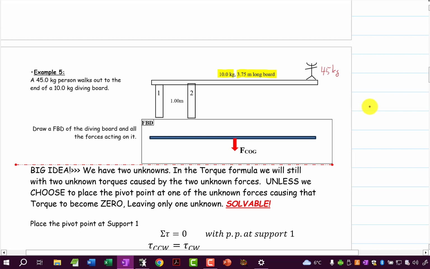So I've already started it, and I gave you a box for it, and labeled the center of it, this force called a center of gravity force. So let's draw the force that the man is pushing down on the board with, and I'll call that the force of gravity of the man.